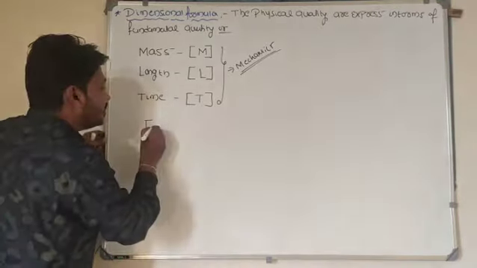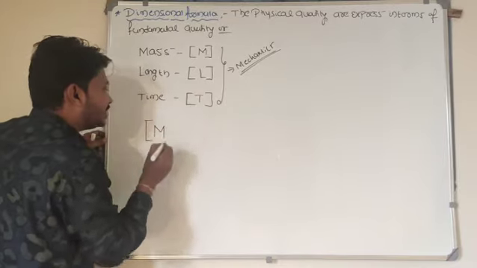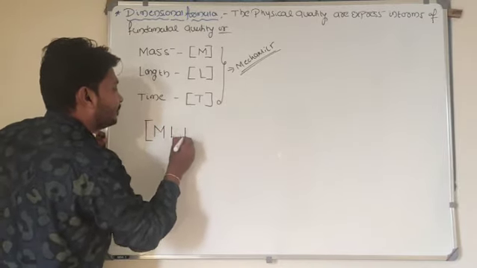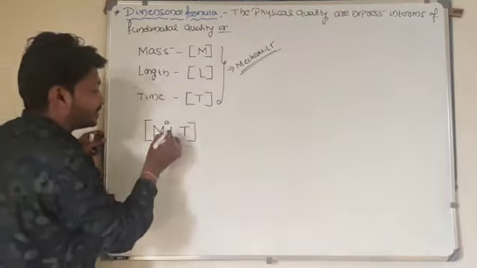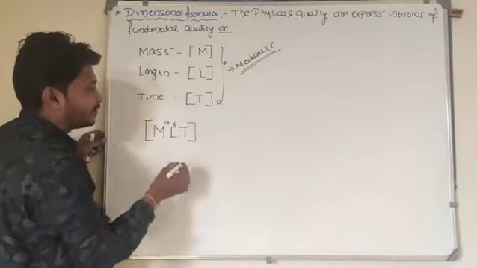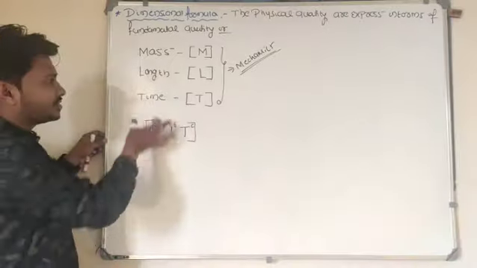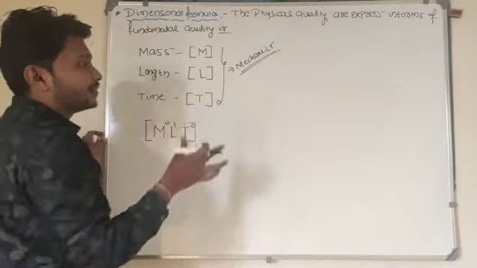Remember, those fundamental physical quantities are expressed in the form of [MLT] in square brackets. For example, mass is repeated a times, length is repeated b times, and time is repeated c times. This is the way to write the dimensional formula.